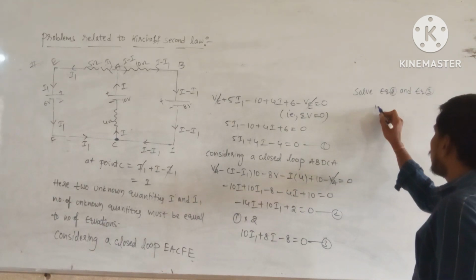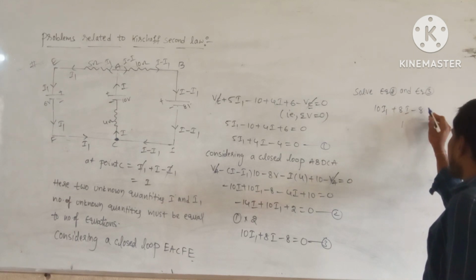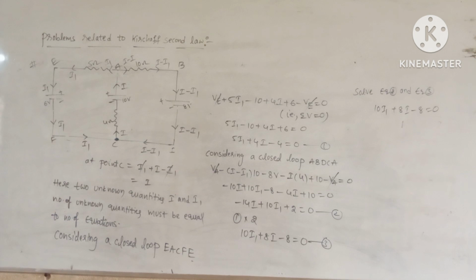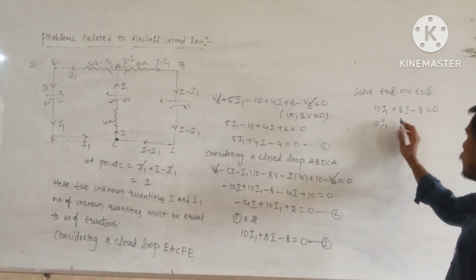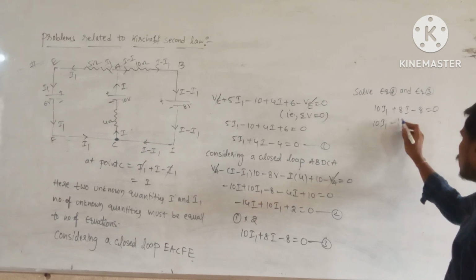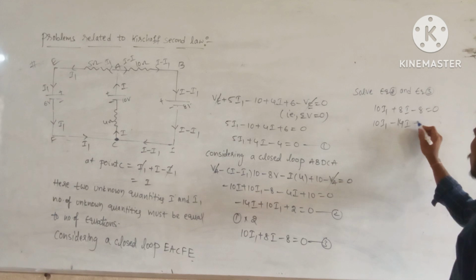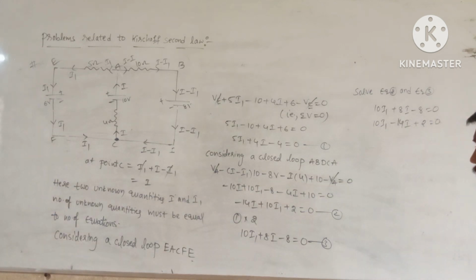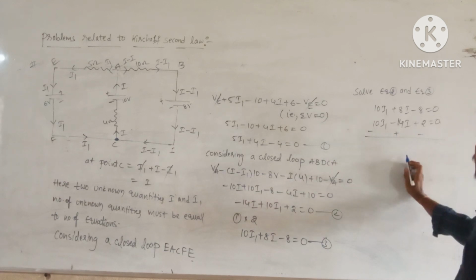10I1 plus 8I minus 8 should be equal to 0. 10I1 minus 14I plus 2 equal to 0. Minus plus minus.